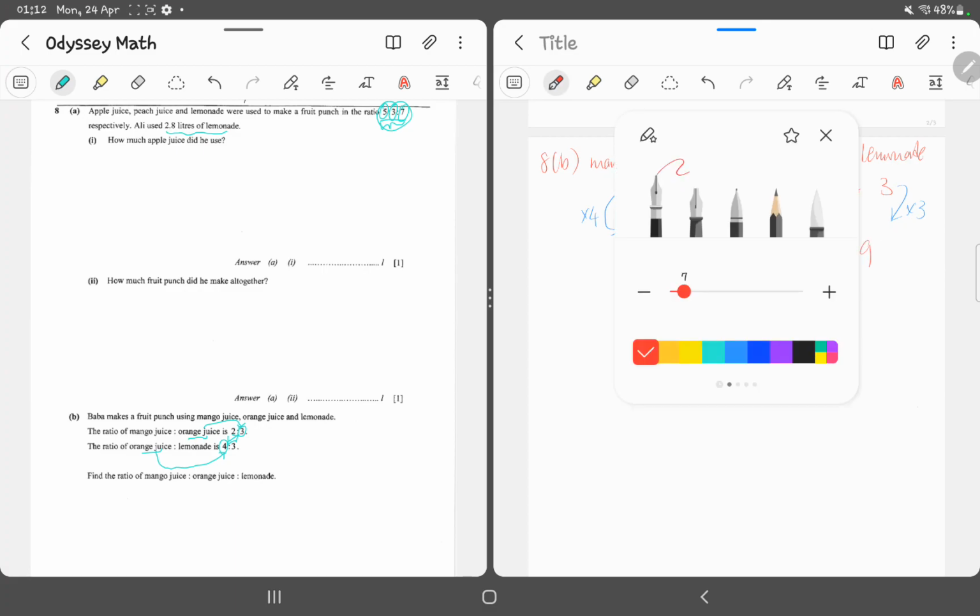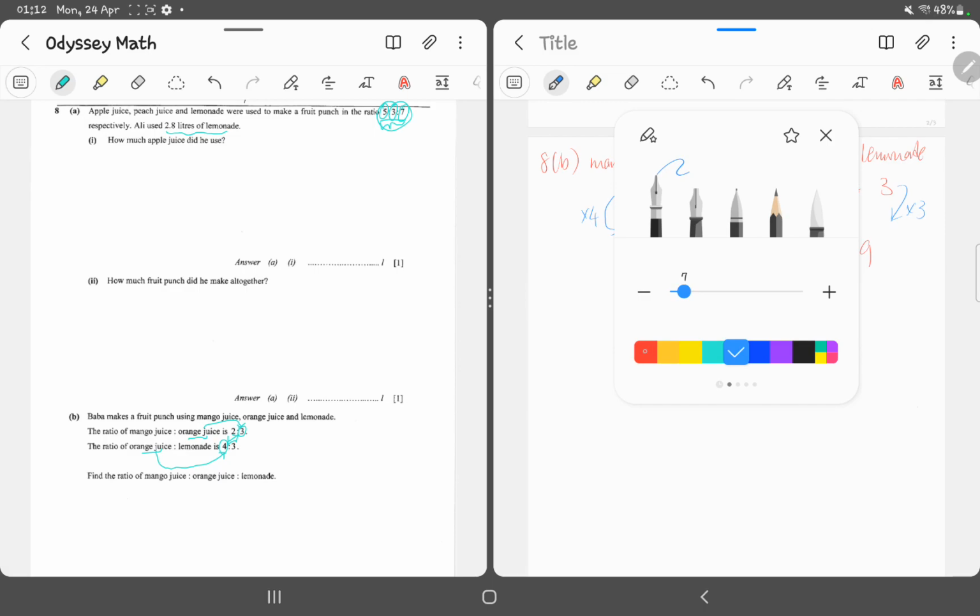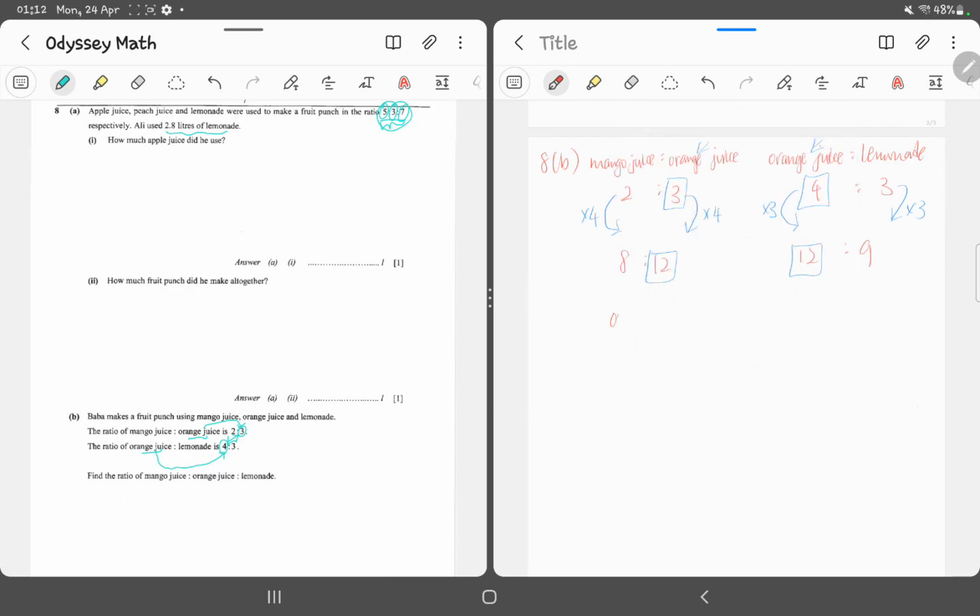So finally, you can see that here is 12 and here is 12 for the orange juice. So we have succeeded in making the numbers the same. So once we have done that, we can combine the ratio all together. So mango juice is to orange juice is to lemonade.